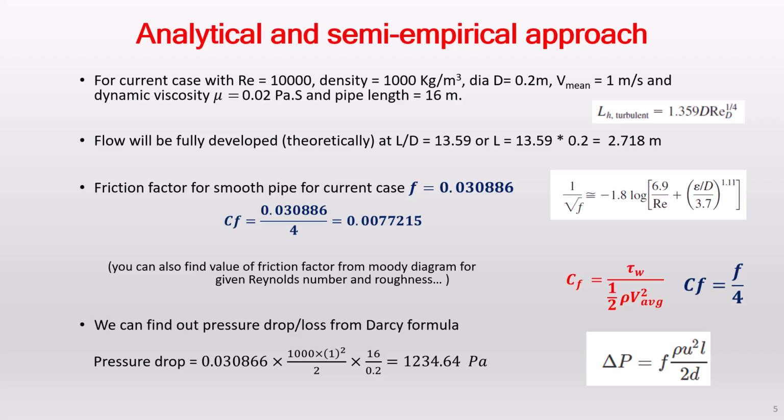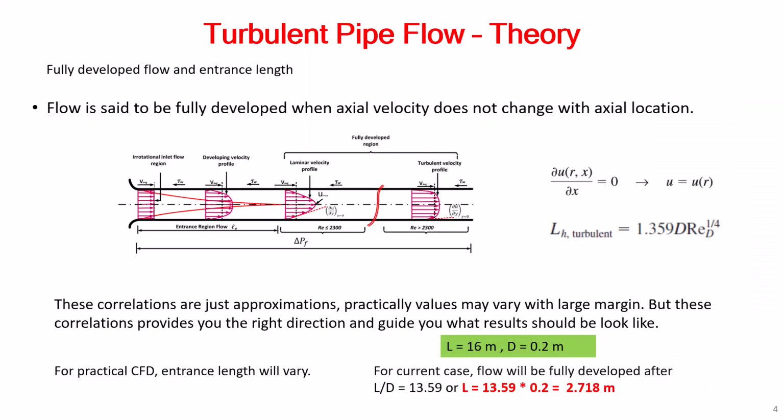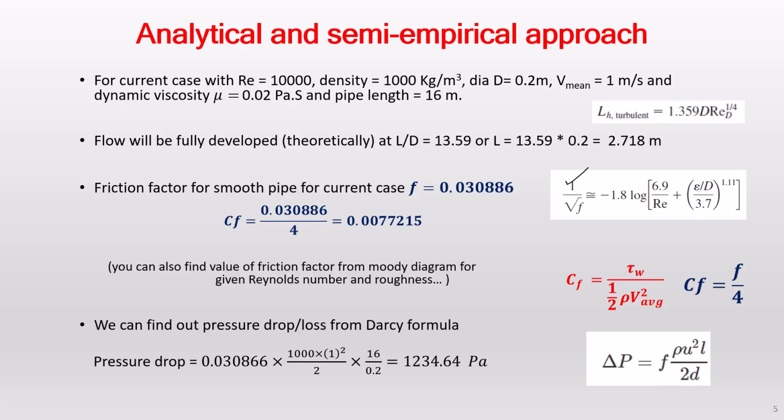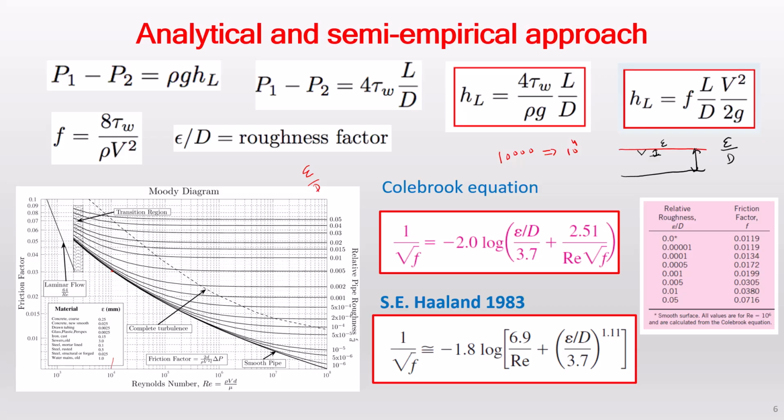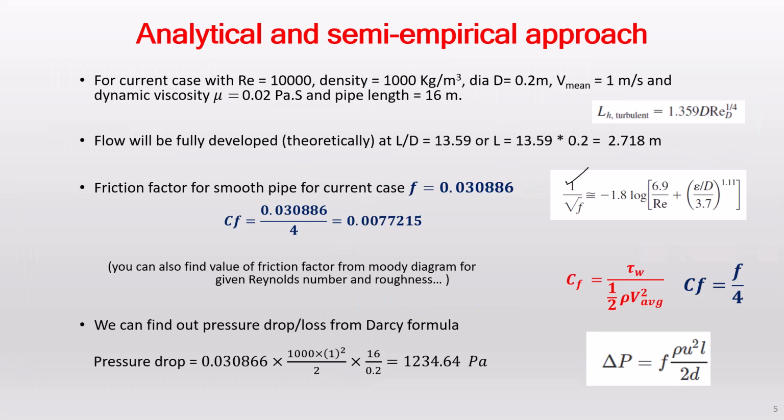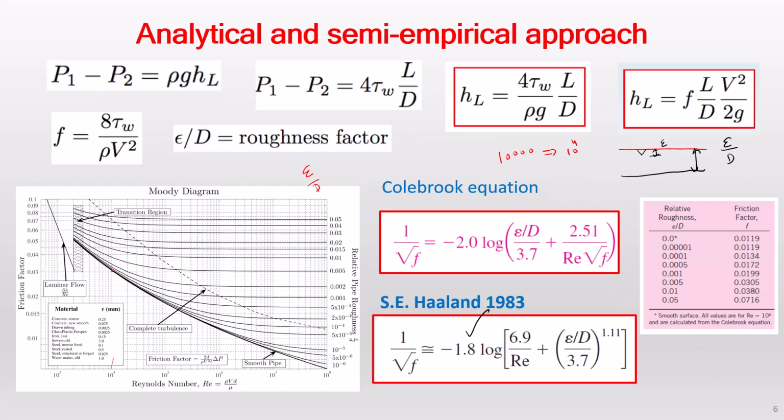There are two correlations that we can use for our purpose. One is the Colebrook equation, one is the Haaland equation of 1983. Both of them give almost similar data. I used the second one.